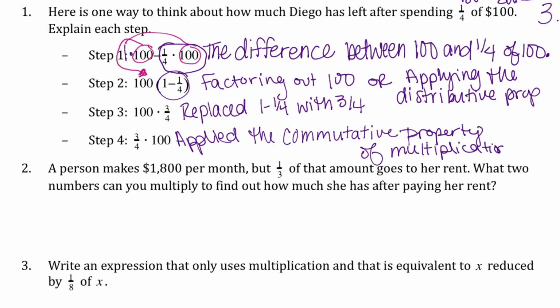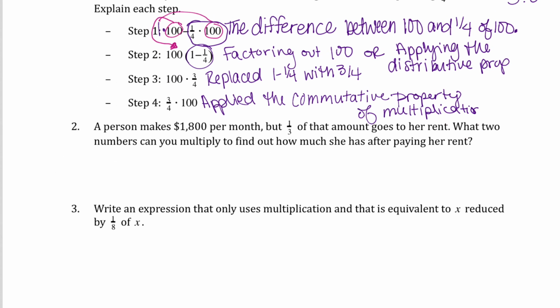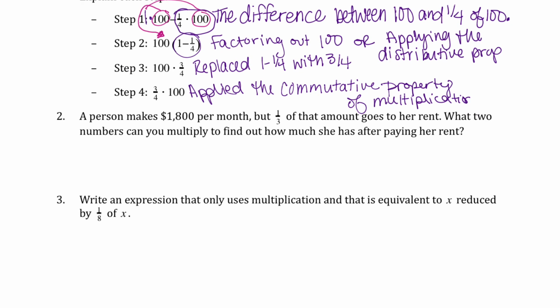All right. So a person makes $1,800 per month, but 1/3 of that goes to her rent. What two numbers can you multiply to find out how much she has after paying her rent? 1,800 and not 1/3, because that's how much she's paying.